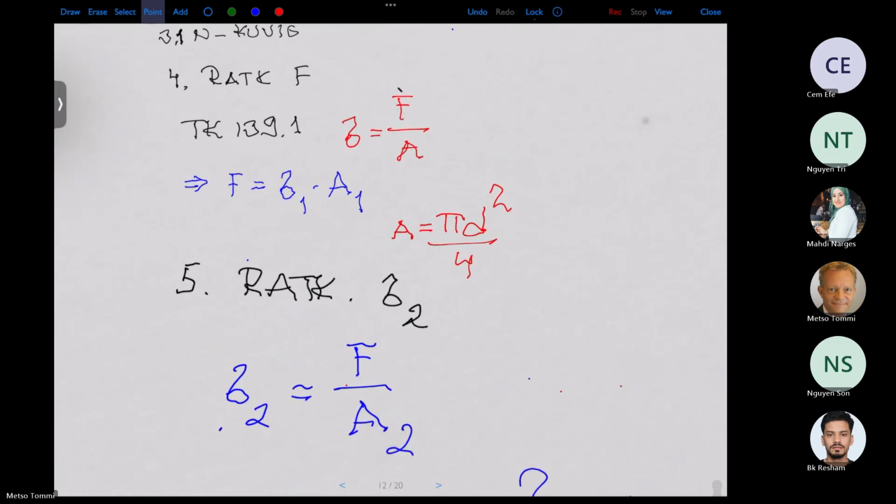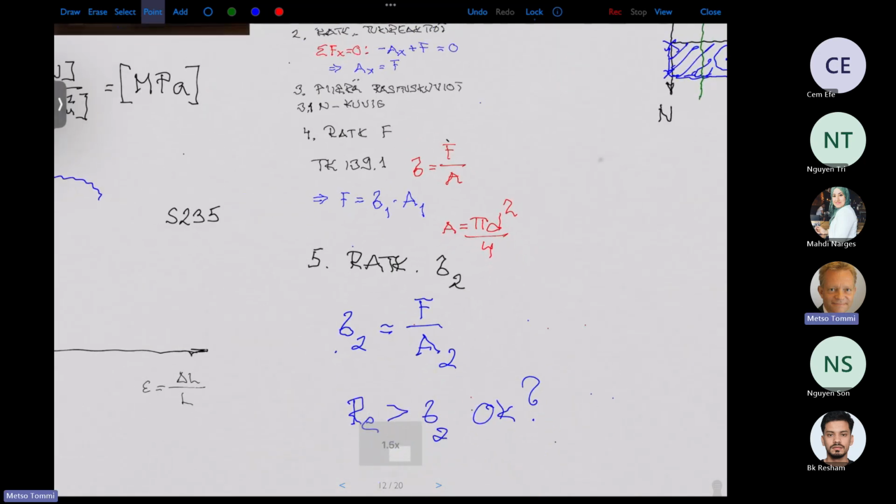Then the thinner part of this axle you can calculate with the same equation. Now you know this F, and you can calculate the cross section of this thinner part, and then you get this tension in the thinner part.